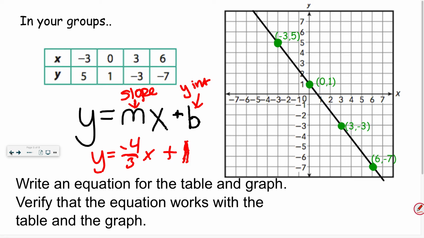We moved down 4 and over 3 to get to this point. How are we moving to get to this point from here to here? The opposite. From here we're going to the left 3 and then up 4.